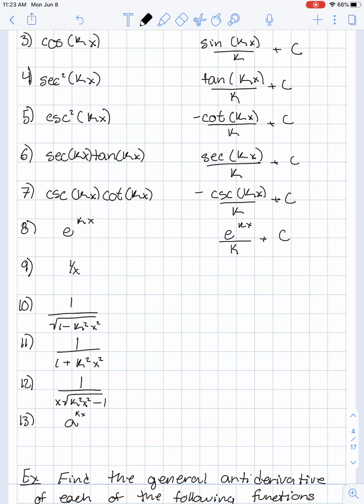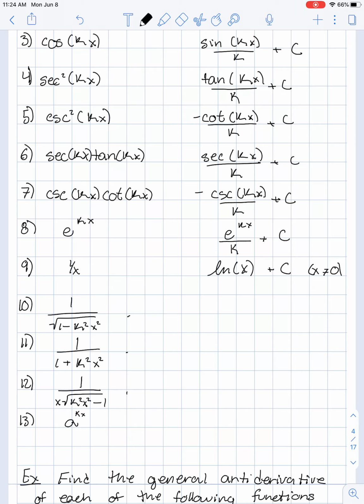All right, and then 1 over x we talked about, that is ln of x plus c, and obviously x can't equal 0. Now these crazy guys, I hope these look familiar, because those are our inverse trig derivatives.